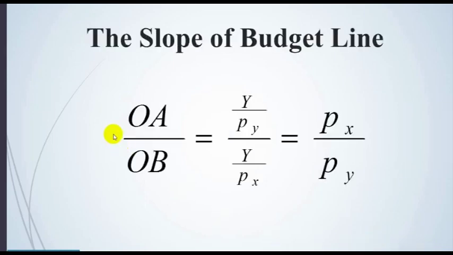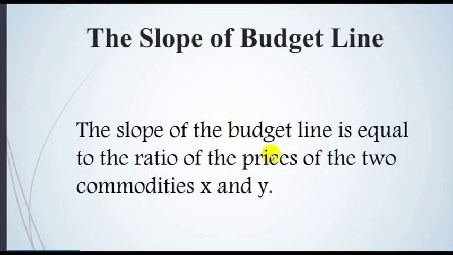The slope of the budget line is OA over OB, which is equal to Y over Py divided by Y over Px, which is equal to Px over Py. The slope of the budget line is equal to the ratio of the prices of the two commodities X and Y.